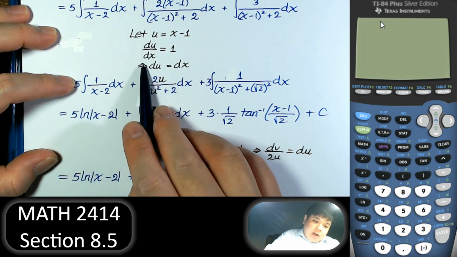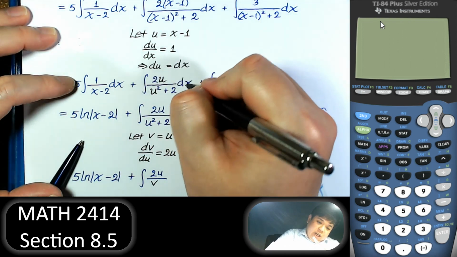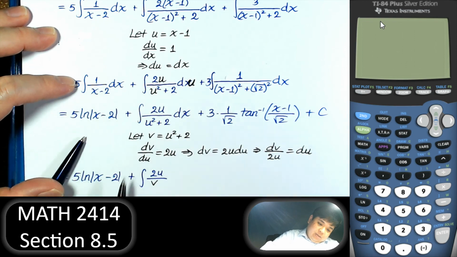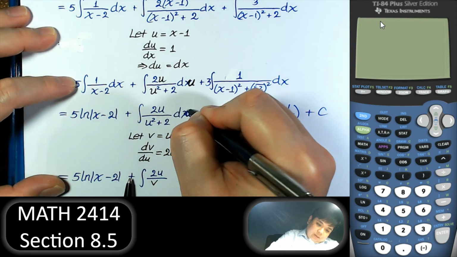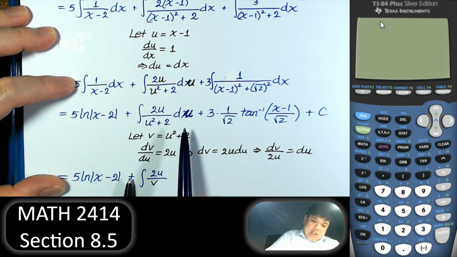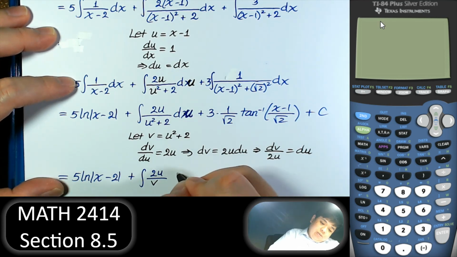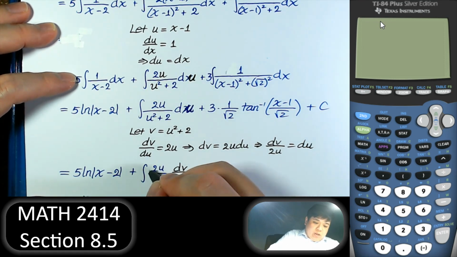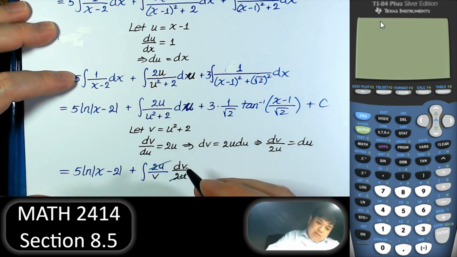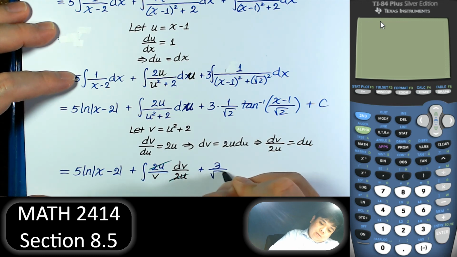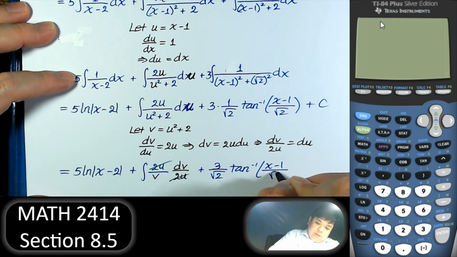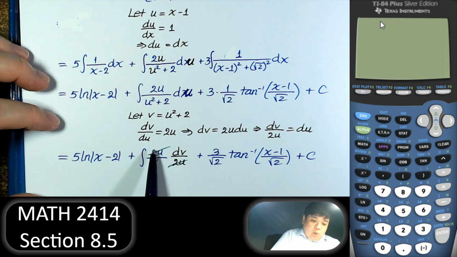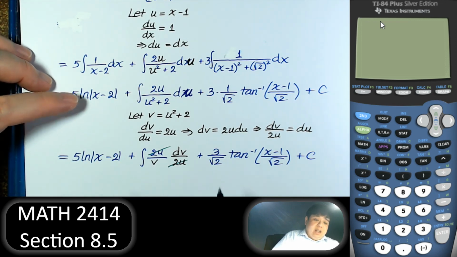Wait, when we do this, actually dx is du already. And du is dv over 2u, which cancel out. Right, and integral of 1 over v is ln of v.